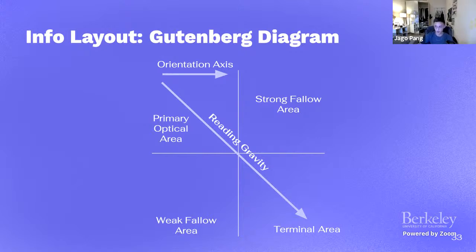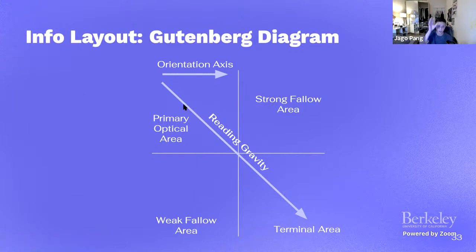Because we are English speaking, we read from left to right, so we are trained to read that way. In this diagram, we pay the most attention to the top left and the bottom right areas. The orientation axis is where you start reading from, and in each quadrant you focus on the beginning and the end, so your reading gravity goes diagonally.